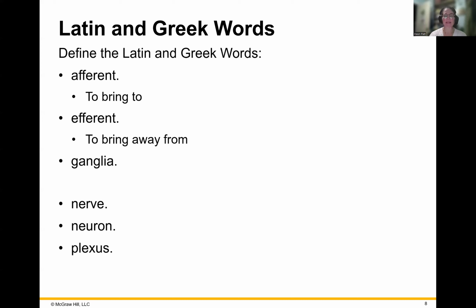So afferent is going to bring the sense in, and then efferent is going to push it away. Ganglia means swelling. And then you have a nerve neuron and a plexus. And a plexus means a braid. It's like a combination of things mixed or braided together.